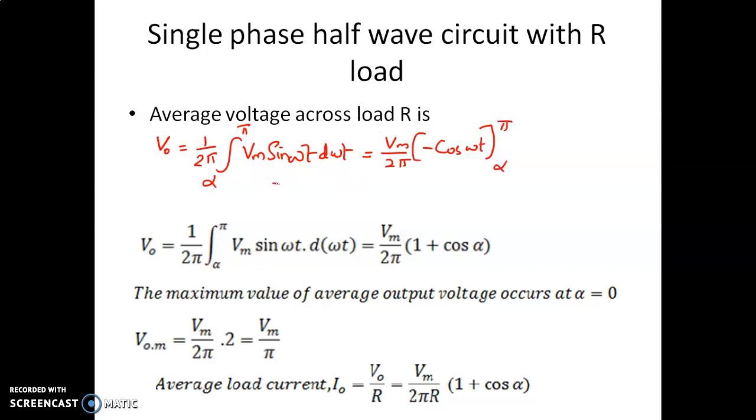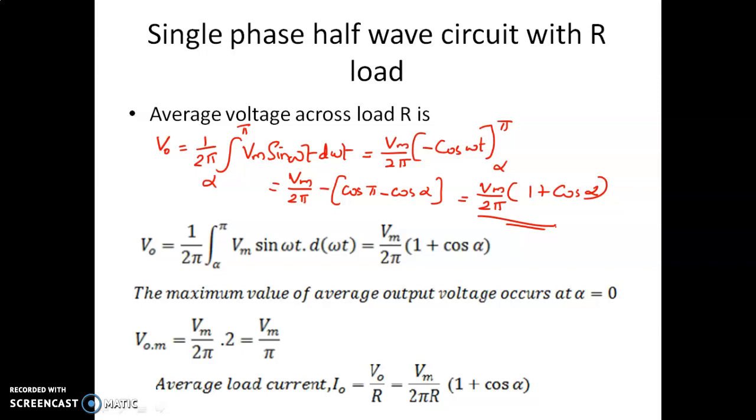So you can apply the limits. Vm by 2 pi into cos pi minus cos alpha, which is equal to Vm by 2 pi into 1 plus cos alpha. This is the average voltage across the load.